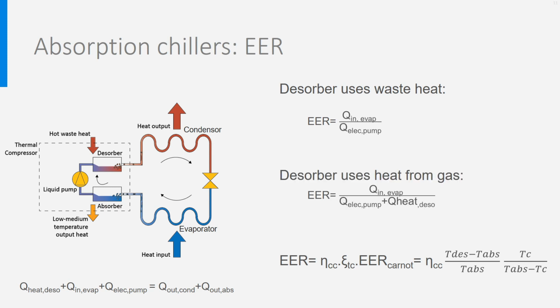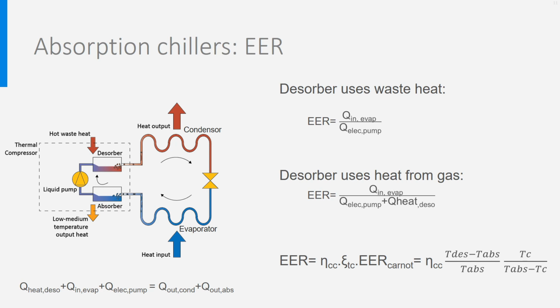Here too, the EER is the Carnot EER multiplied by the efficiency of the thermal compressor and by the Carnot efficiency. The efficiency of the thermal compressor can be shown to be the temperature of the heat input to the desorber minus the temperature in the absorber, divided by T-abs.